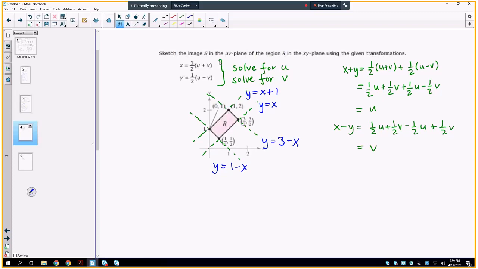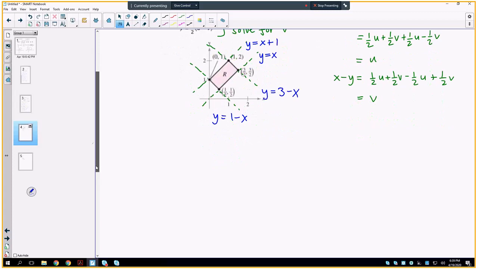It looks like the y-intercept should be about 3, and the points 3/2, 3/2, and 2, 1 fit this equation. So these should be these lines. So now we have relationships between X and Y. So maybe this is equation 1, this is equation 2, this is equation 3, and this is equation 4.